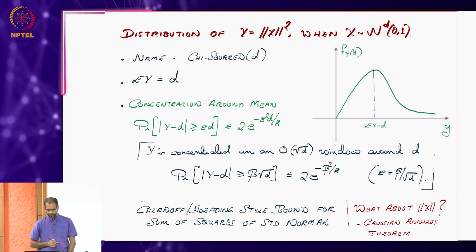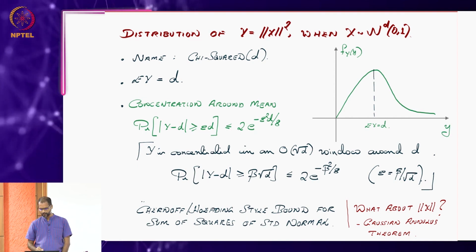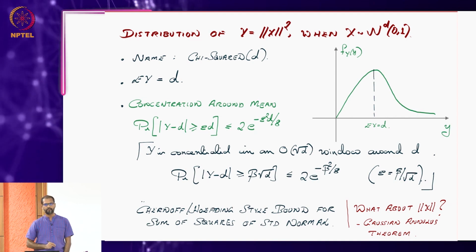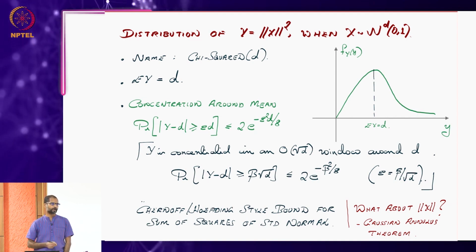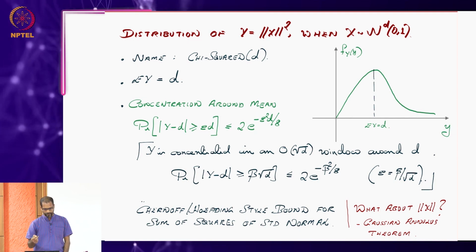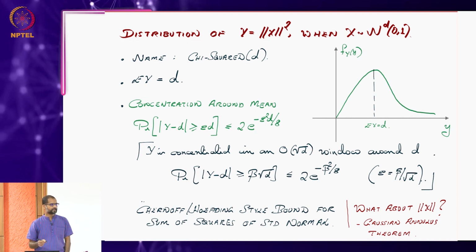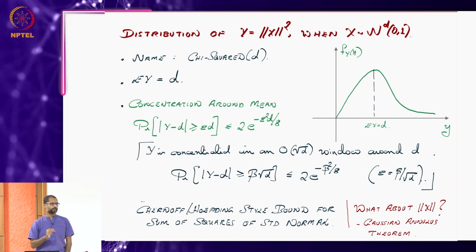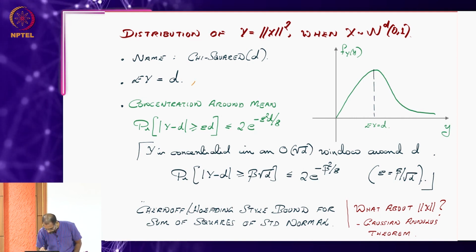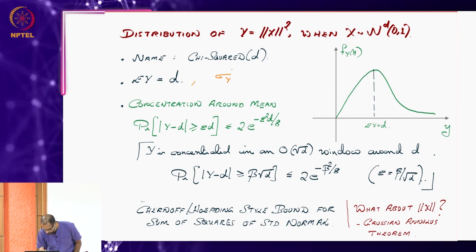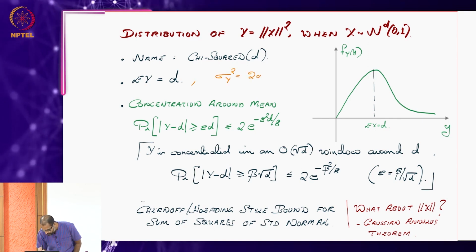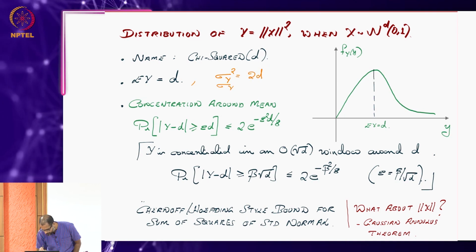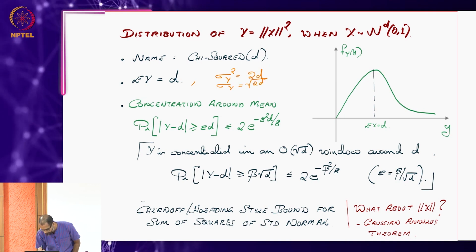Okay. In fact, if you do a small substitution, if you replace epsilon with something like beta over square root of d. By the way, I did not tell you the standard deviation of this random variable, this chi-squared with d degrees of freedom, happens to be square root of 2d, or rather the sigma squared of y happens to be 2d, so the standard deviation is square root of 2d.